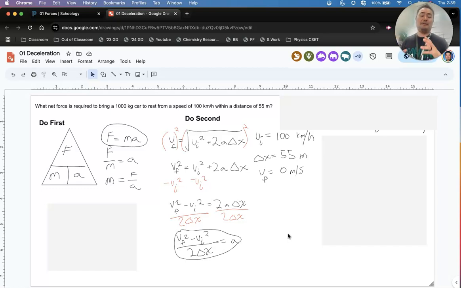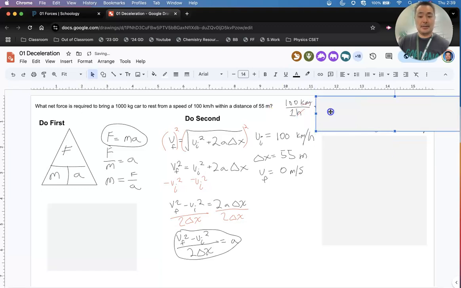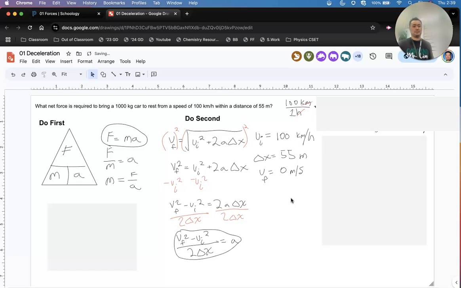And the way we do that in physics is to multiply it by a fraction. This is how you cancel out kilometers and hours. I rewrite the units as 100 kilometers over 1 hour. And then I multiply it by a fraction that also has hours and kilometers.